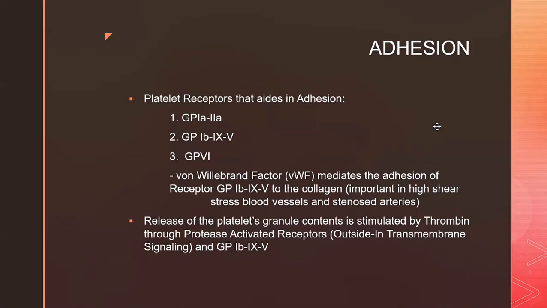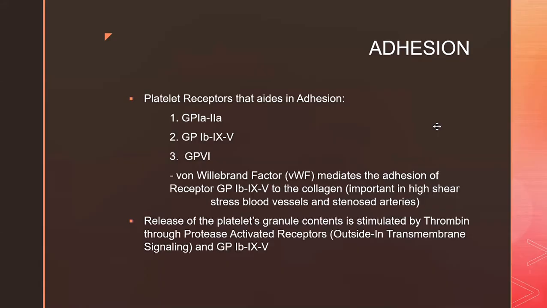Okay? So, pag may von Willebrand's disease ka, the adhesion is inhibited, okay? Because your von Willebrand factor helps the adhesion of your glycoprotein 1B, 9, 5 to the collagen.